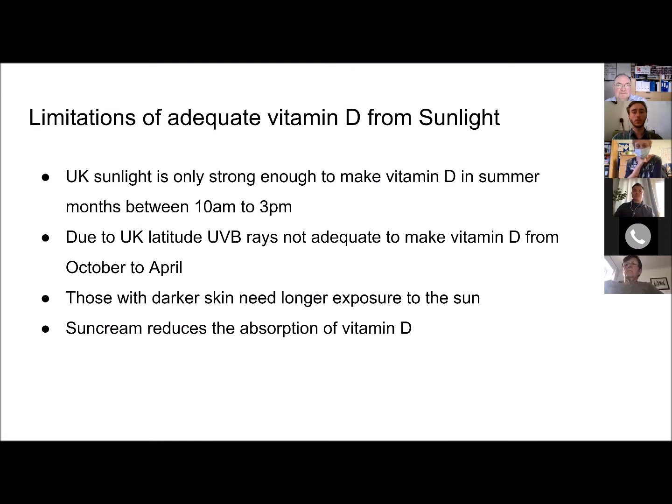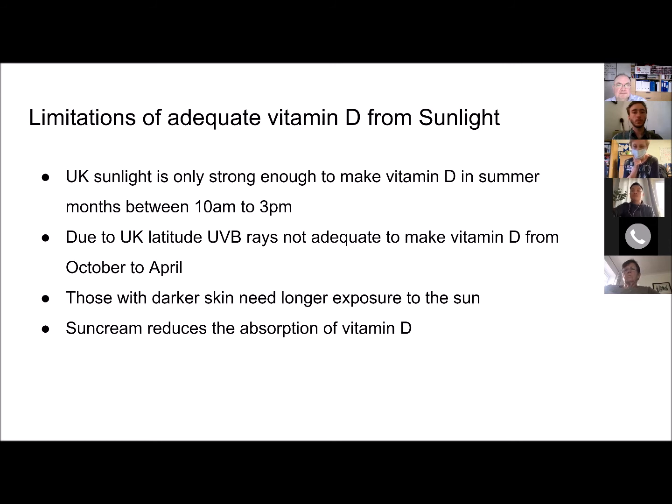So when we talk about making vitamin D from the action of sunlight on our skin, that's all well and good, but we live in a very northern country. Because of the latitude of the UK, we can only make vitamin D with sunlight on our skin between October and April.